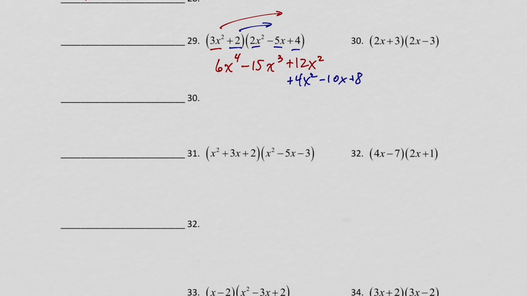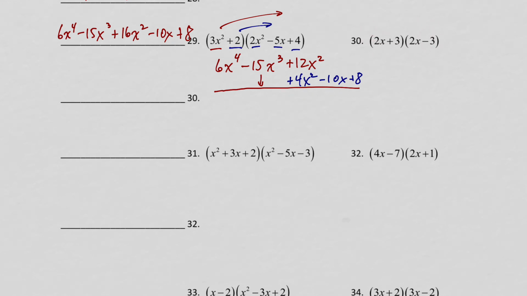And when I add these together, we get: this adds up to 6x to the fourth. This adds up to negative 15x cubed. This adds up to a positive 16x squared. This adds up to a negative 10x. And the last is positive 8.